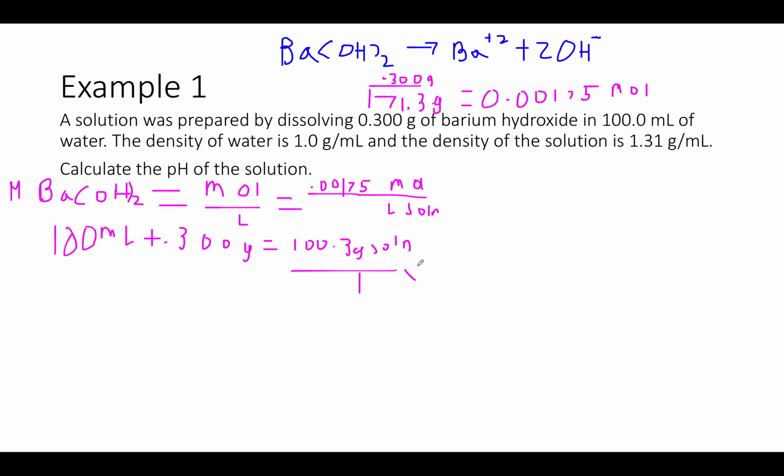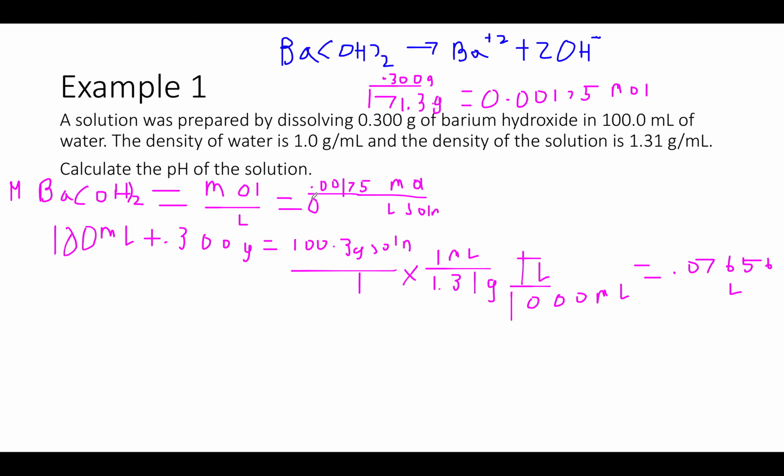If you convert the grams of solution into liters, using the density of 1.31 grams per milliliter, and 1 liter is 1,000 milliliters, you get the liters of solution to be 0.07656 liters.